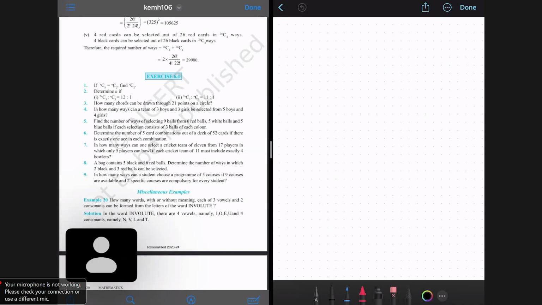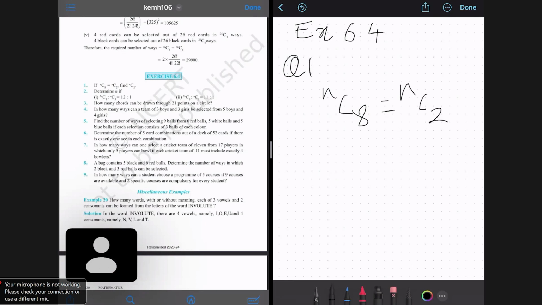So exercise 6.4. In exercise 6.4, the first question that we have to solve is nC8 equal to nC2. This is given to us and the value of n has been asked from us. Correct. So we know that whenever we are taking combination and using the formula of nCr, some basic equalities hold true.